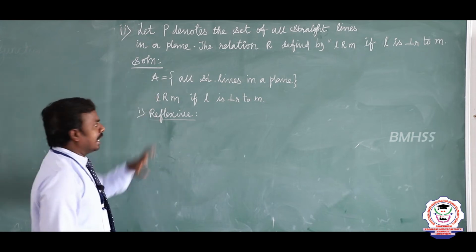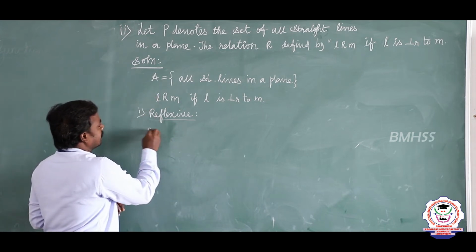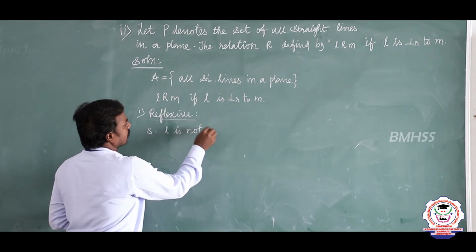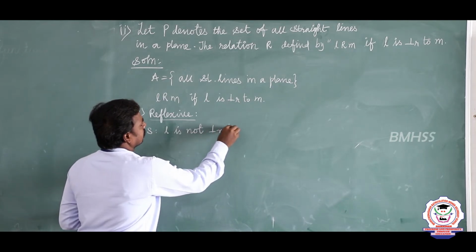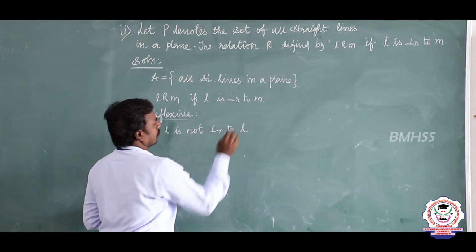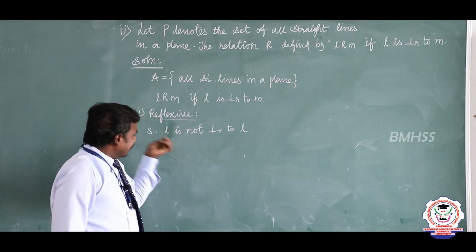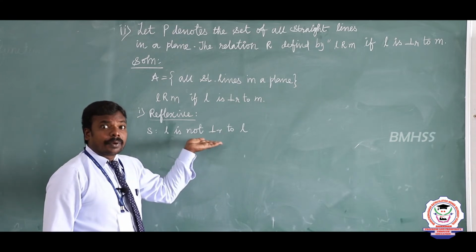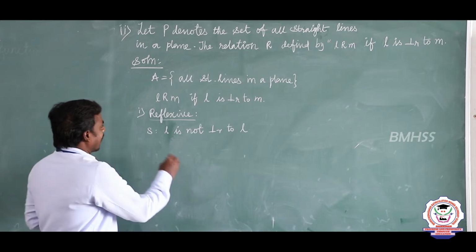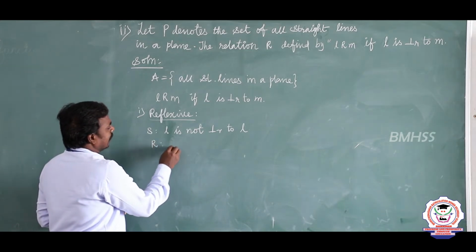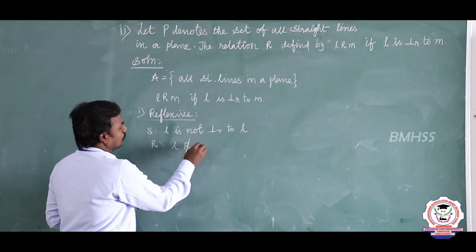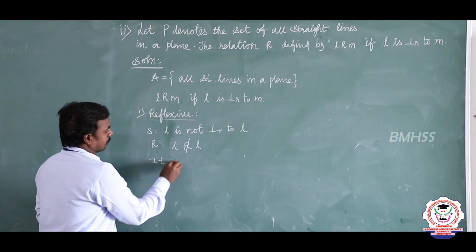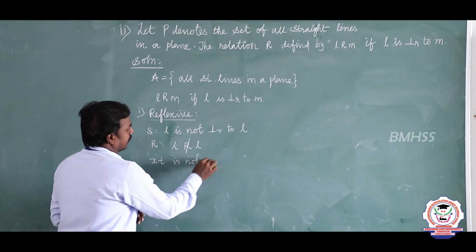Here I am going to consider that as element L. In the statement, L is not perpendicular to L. An element cannot be perpendicular to itself. A line cannot be perpendicular to itself. Therefore in the relation L is not related to L, so it is not reflexive.